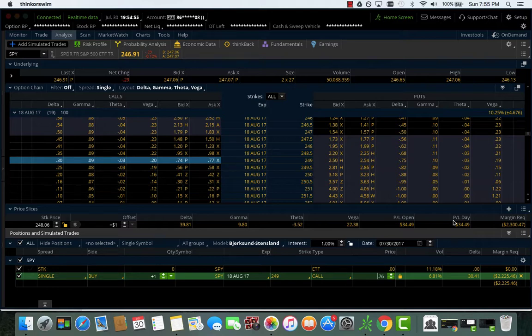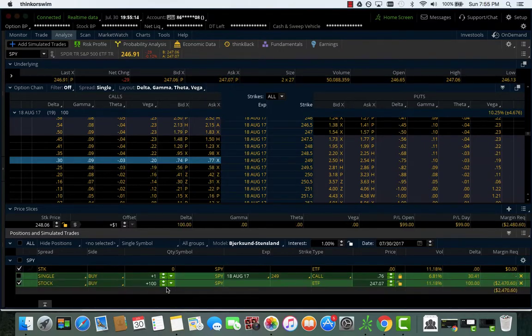If we own 100 shares of SPY and SPY goes up $1, we should make about $100, right? So how many shares do we need to own so that if SPY goes up $1, we make $30? Exactly, we need to own 30 shares.